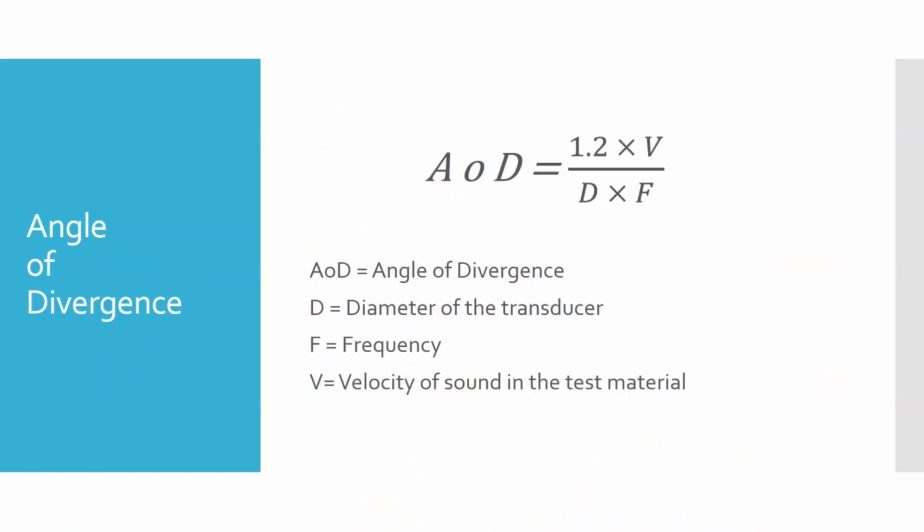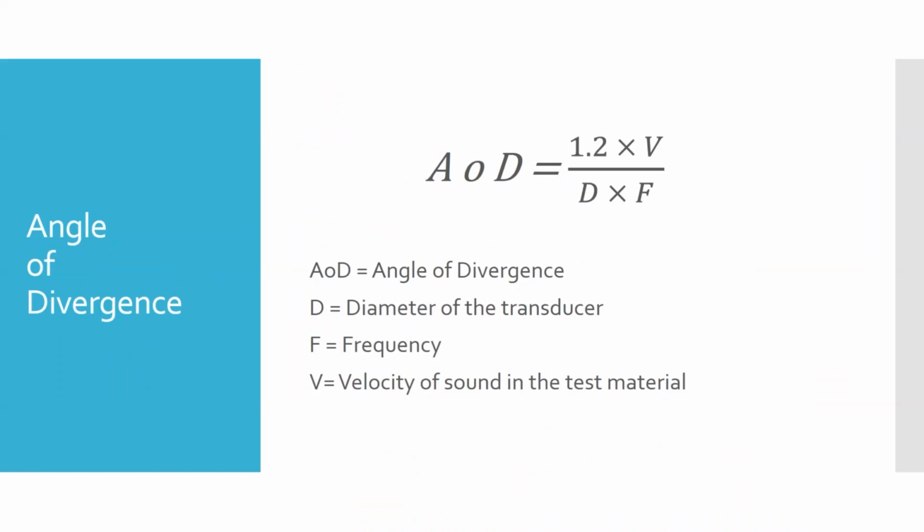The angle of divergence can also be roughly calculated if we know the diameter, the frequency, and the velocity. And so again, this is calibrated. Now this, we can make a difference because now our angle of divergence is primarily looking at the sound traveling in the material. And again, we want to minimize this as much as possible.